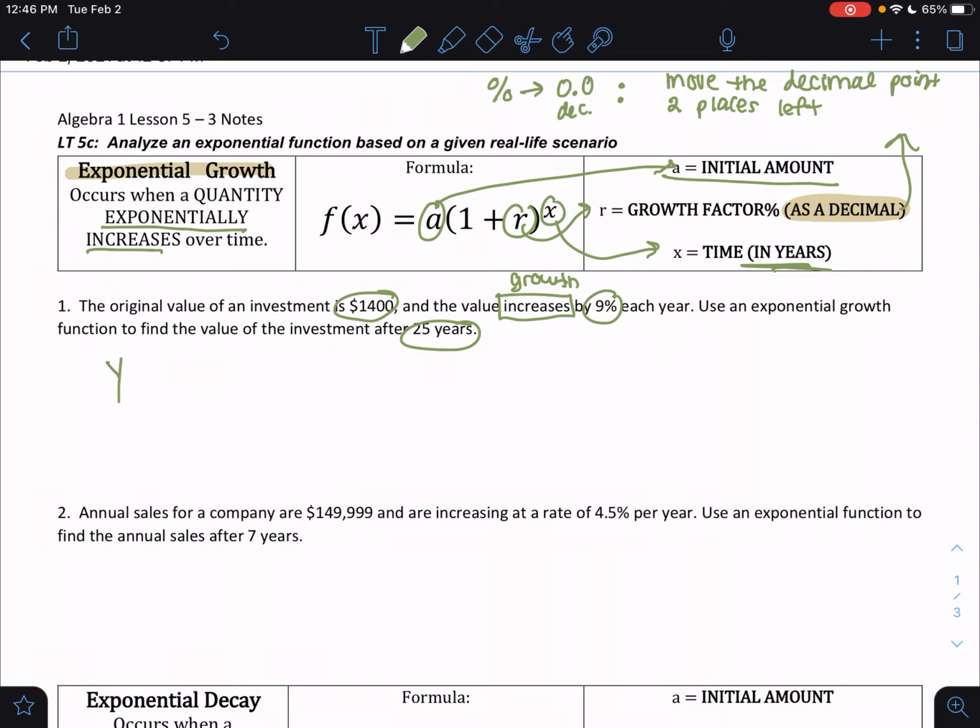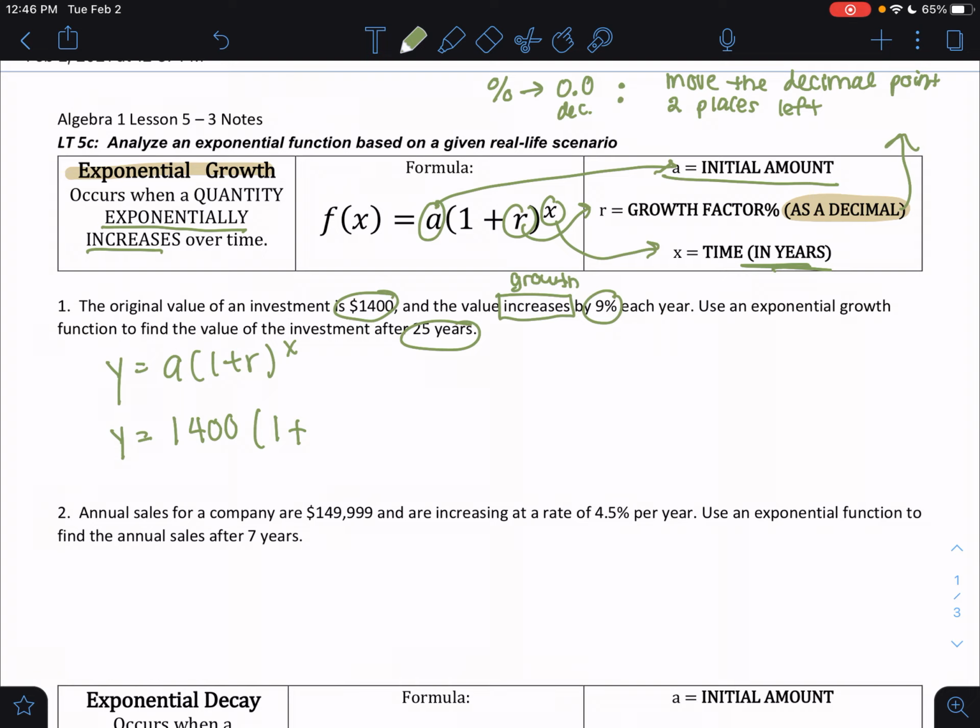So I'm going to write out our base function here that we're going to use. We need to fill in these variables. So first we just want to write a function, and then we're going to use that function to solve for x as 25. So we would get y equals our initial amount, I circled, was 1,400. And then we have in parentheses 1 plus, then we have r.